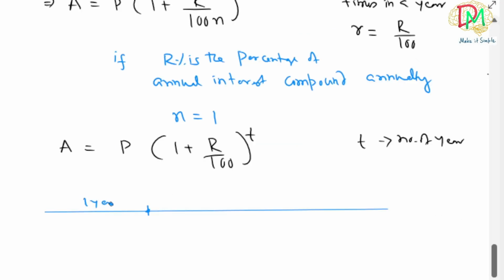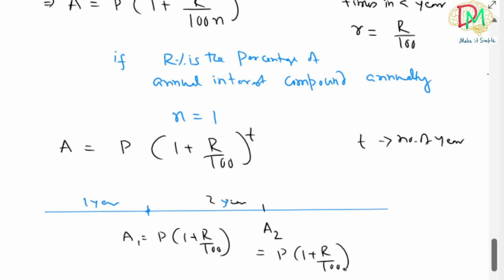After 1 year, the compound amount with the compound interest annually will be P into (1 plus r by 100).